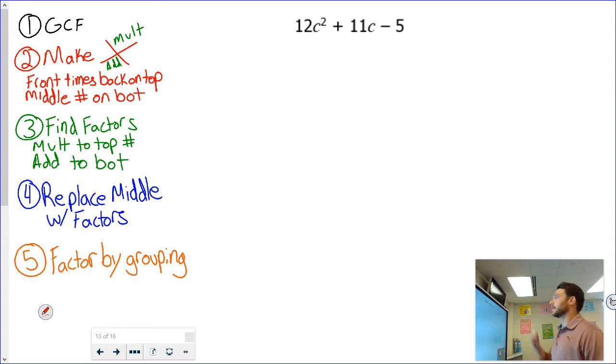Okay, so then we're on to step two, and step two says to make that x. We want to make our x. I put in green what we're going to do with it in a second, but essentially we're going to take the front times the back. So this 12 times this -5, front times the back, and that goes on the top of our x.